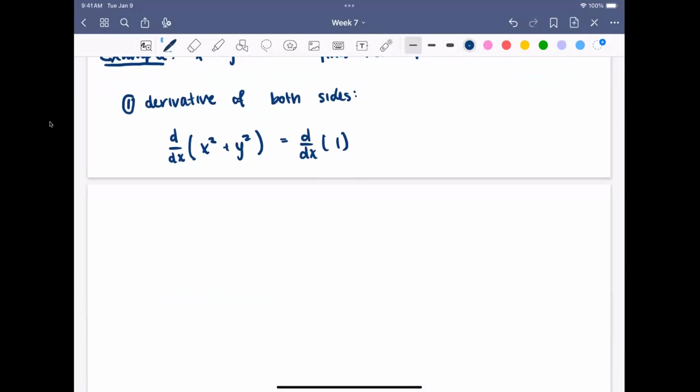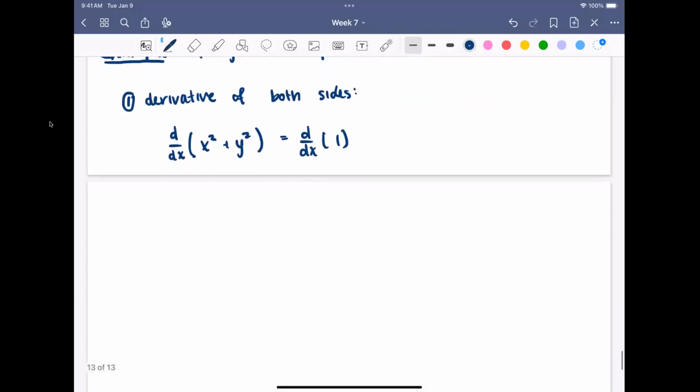What's the derivative of x squared? Yeah, we get 2x by the power rule. And then I'm going to take d/dx of y squared, thinking that y is some secret function of x. So by the power rule plus chain rule, I get 2y times y prime.